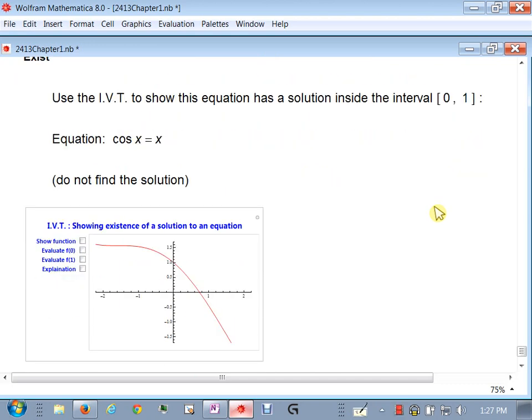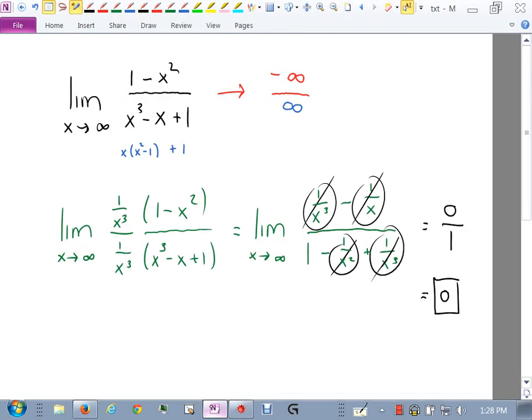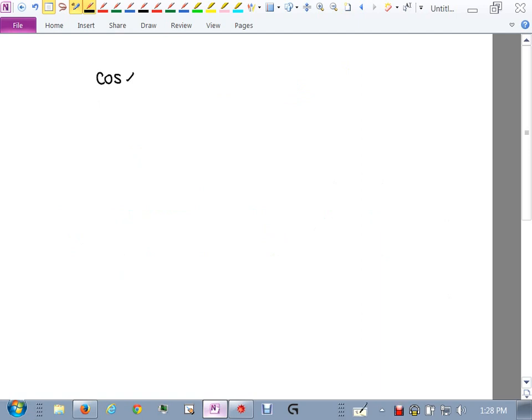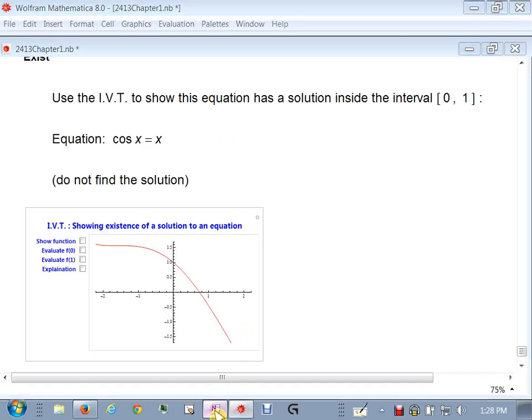All right, so here's what we do when we try and solve an equation. We move everything over to one side. So if I'm trying to show that this equation has a solution in the interval, what was the interval? 0, 1?